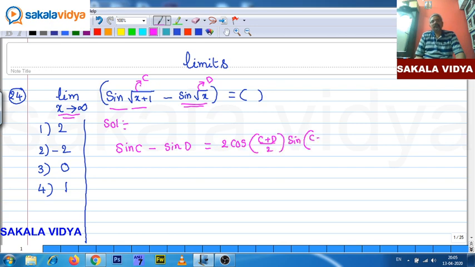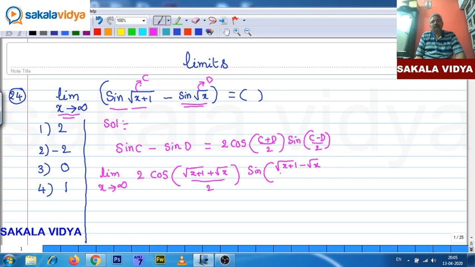Now the given limit we can write as limit x tends to infinity, 2 cos of (root of x plus 1 plus root x) by 2 and sin of (root of x plus 1 minus root x) upon 2.